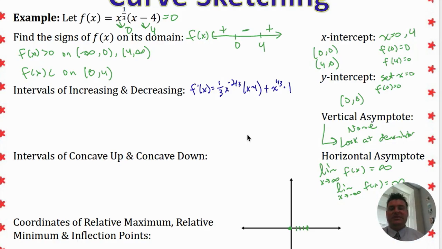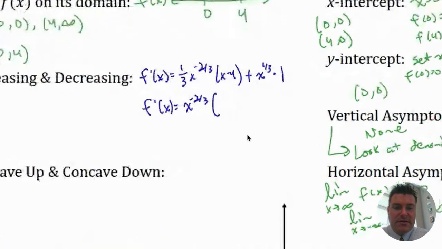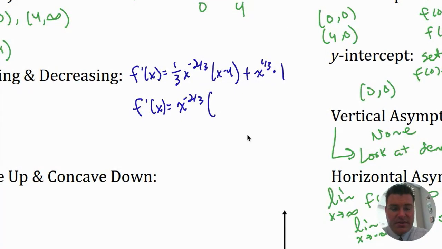And I'm going to find the GCF of that so that I can set f prime equal to 0 for my critical points. It'll help me find out where I'm increasing or decreasing. So f prime of x, if I have a GCF here, take out the smallest of the powers. I have an x to the negative 2/3. That's going to leave me with a 1/3 x minus 4/3.